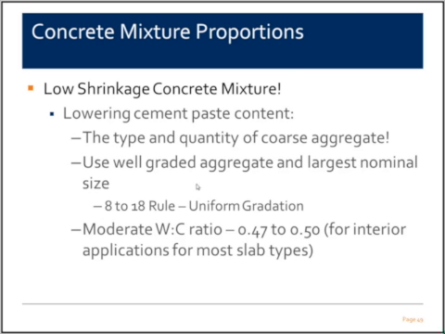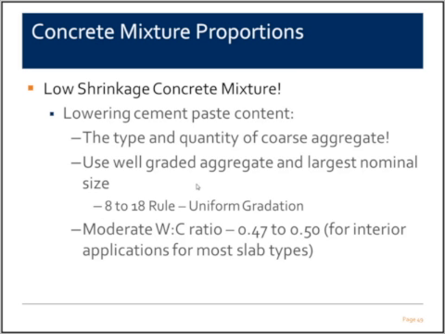We also tend to use the largest nominal aggregate size possible. When we do this, the surface area of our aggregates goes down. Therefore, we don't have as much surface area to coat with cement paste, which results in using much less paste in the concrete mixture proportions.